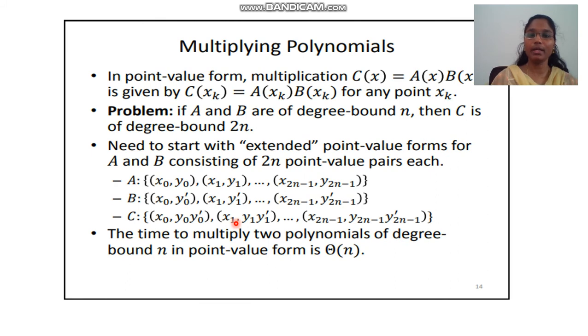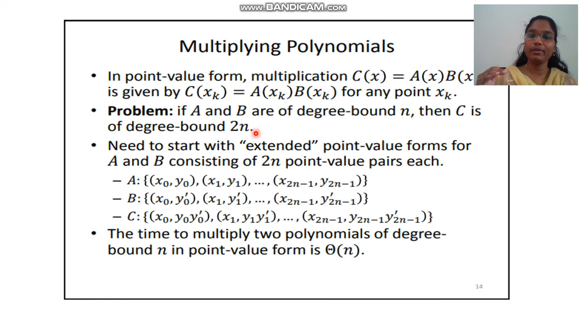And when we are doing the multiplication of the polynomials, here we are going to multiply only y0 and y0 dash, but in the resultant product we have to extend the point value forms to 2n point value pairs. How much do we have to extend? If a and b are of degree bound n, then c is of degree bound 2n. For example, if the highest degree of the polynomial is 3, then its degree bound will be 4.